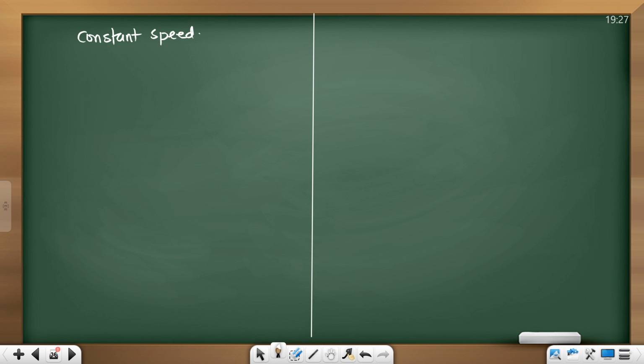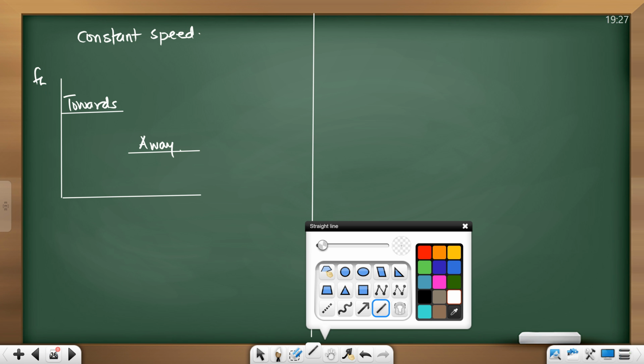If the speed is constant, your graph is going to be a straight line. Towards will be higher than away. So this is going to be FL, and away will always be less. Please take note of that.